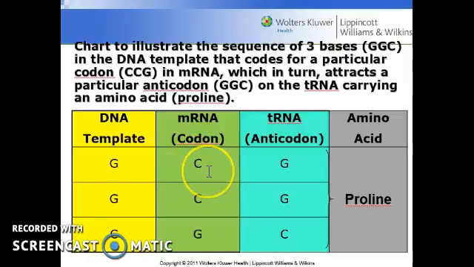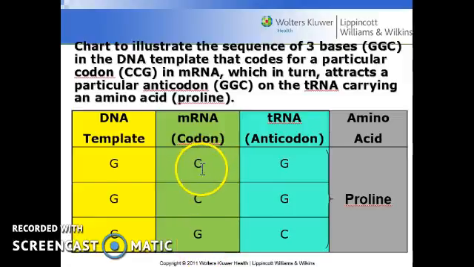So cytosine is the code that we have if we have guanine. So we have two guanines, so that's cytosine, cytosine. And then if we have cytosine in the DNA template, then we code it with a G, which stands for guanine. So our DNA template is transcribed from DNA to messenger RNA by changing out the guanines and coding them for cytosine, cytosine, and guanine.